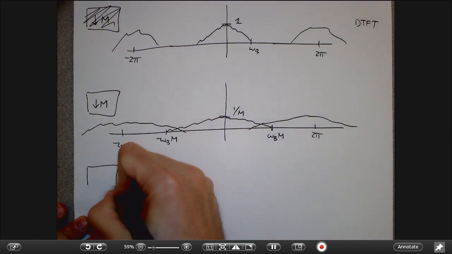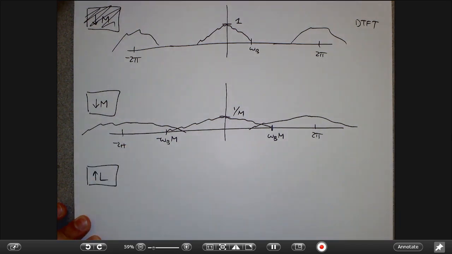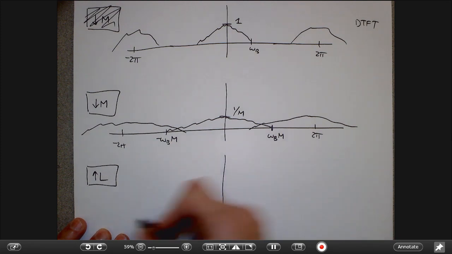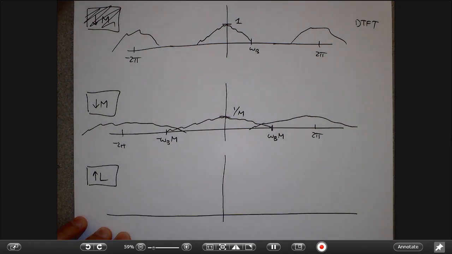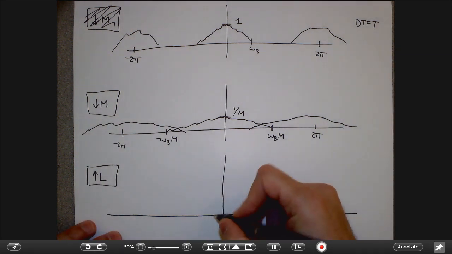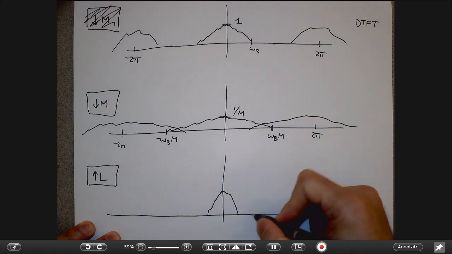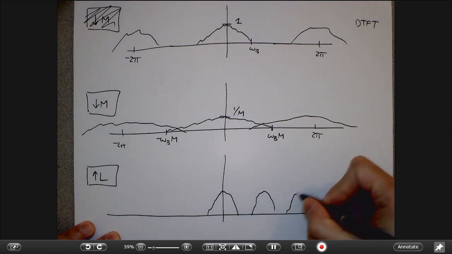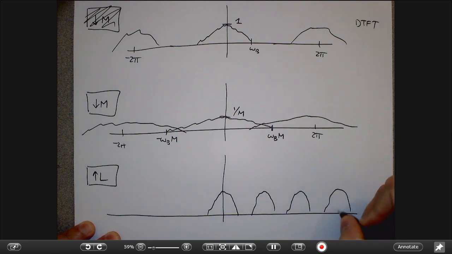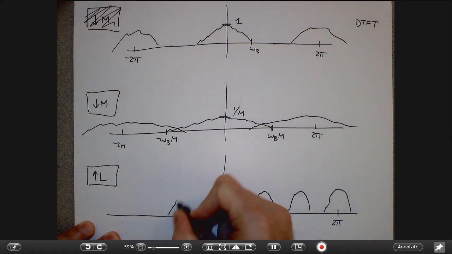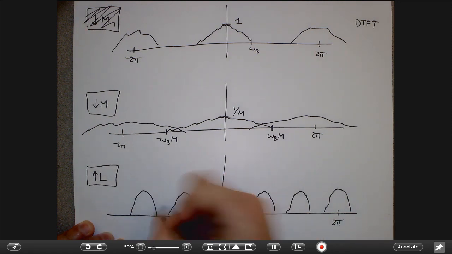On the other hand, if I upsample by a factor L, what happens is the reverse. Instead of things spreading out and squishing, I have something that looks like this. Again, I have 2 pi periodic copies.